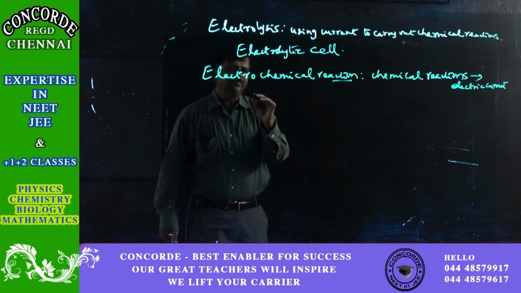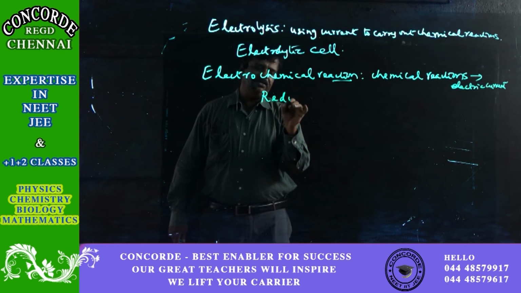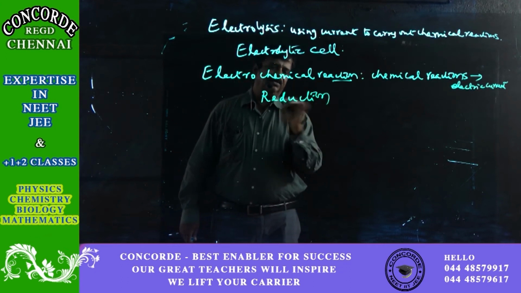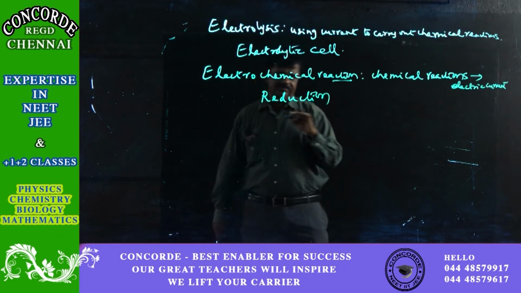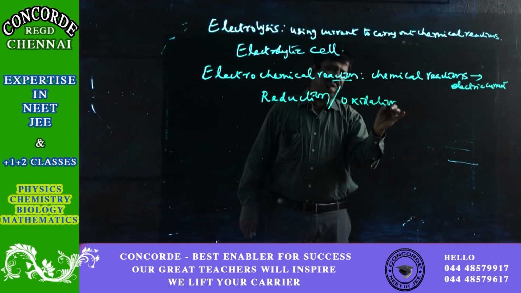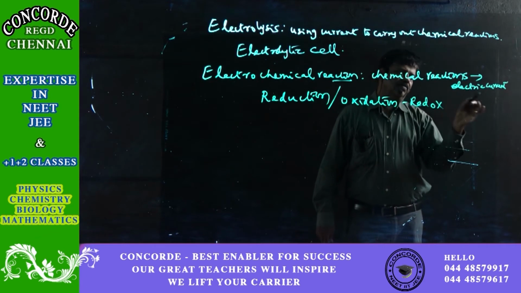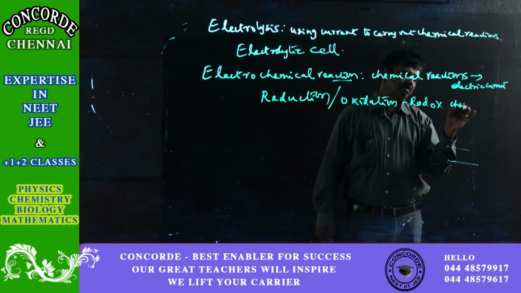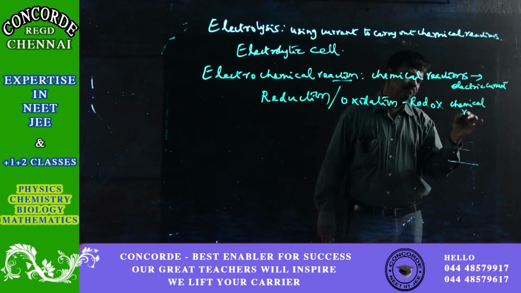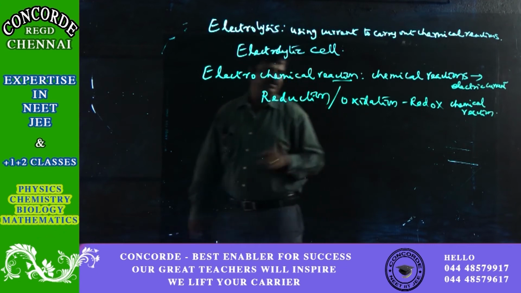There are two types of chemical reactions happening simultaneously, that is reduction and oxidation, or a redox reaction. This redox chemical reaction leads to the generation of electric current.